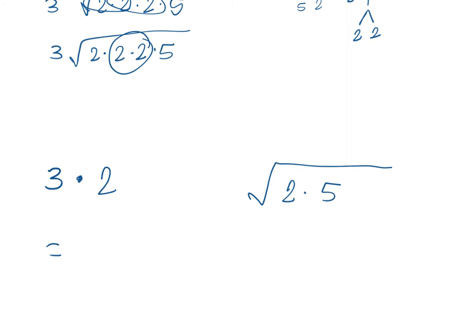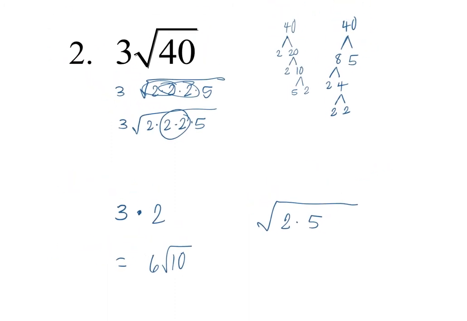So this gives us a final answer of 6 square roots of 10. The 3 that was outside in the very beginning just gets multiplied by whatever comes out in front of the radical.